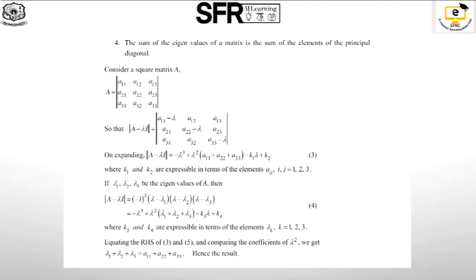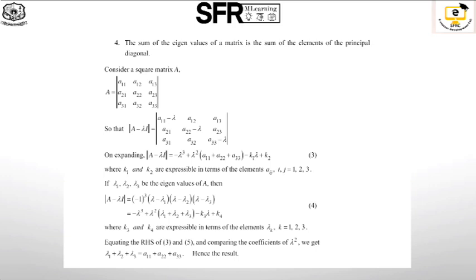So next we find modulus of A minus lambda I equal to minus 1 the whole power 3 into (lambda minus lambda 1) into (lambda minus lambda 2) into (lambda minus lambda 3), which is equal to minus lambda power 3 plus lambda square into (lambda 1 plus lambda 2 plus lambda 3) minus K3 into lambda plus K4, where K3 and K4 are expressible in terms of the elements lambda k, k equal to 1, 2, 3.